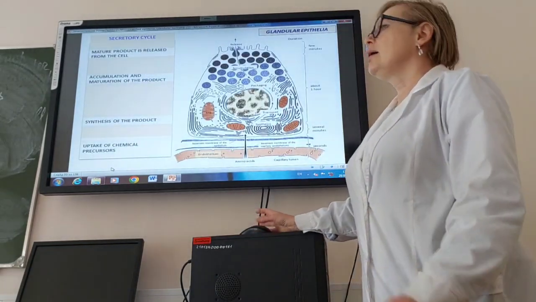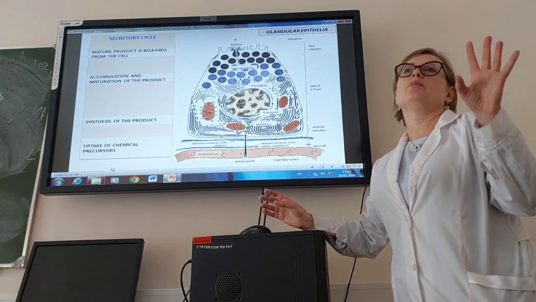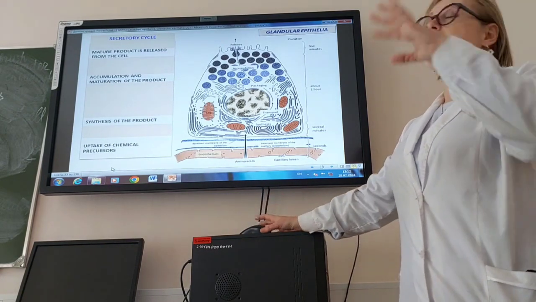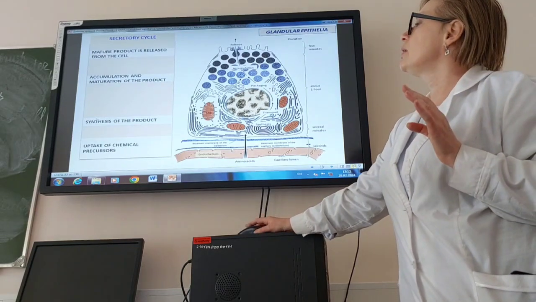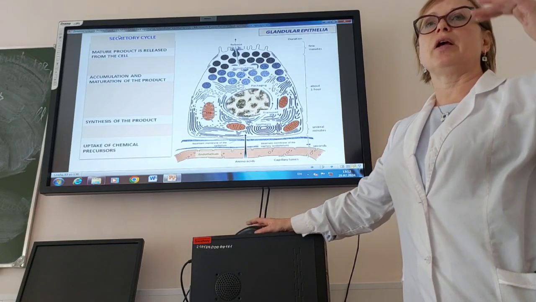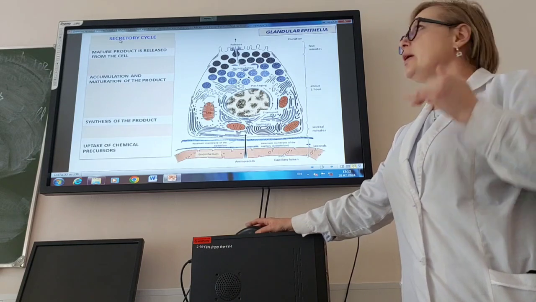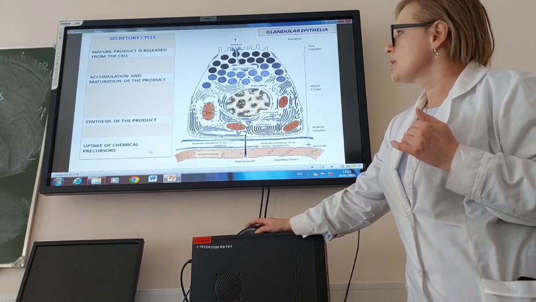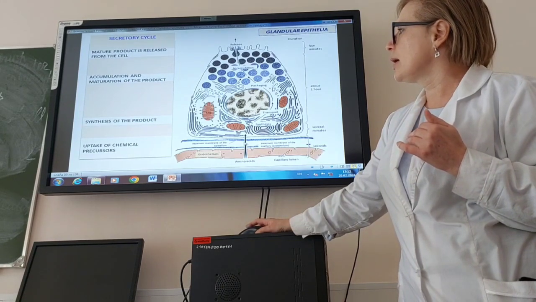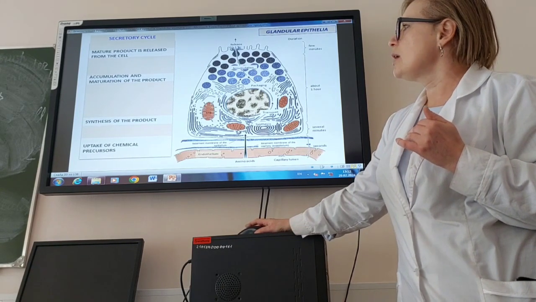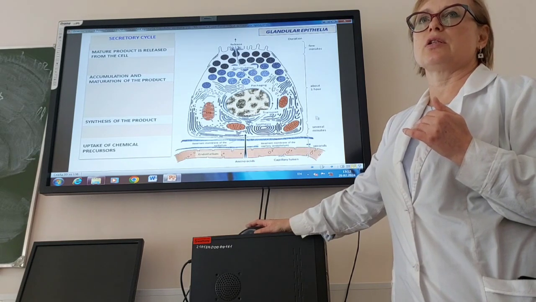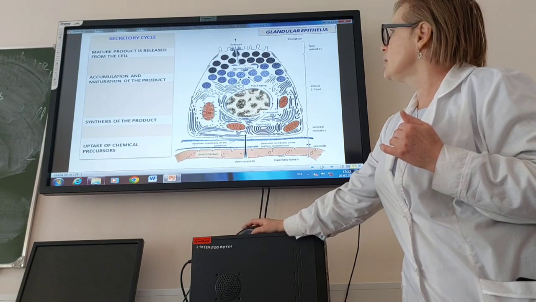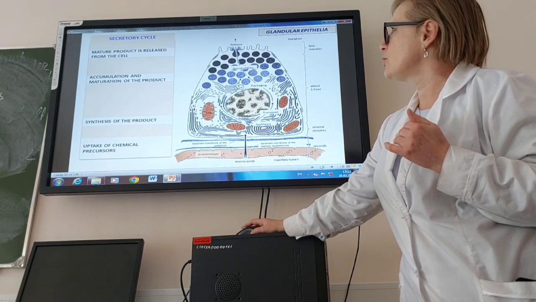It does not matter what type of secreting glandular cell, in any glandular cell we can see several phases, and these phases we name the secretory cycle. First, the cell uptakes chemical precursor and uses it for synthesis using rough endoplasmic reticulum and Golgi apparatus.